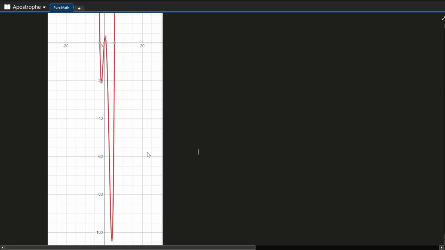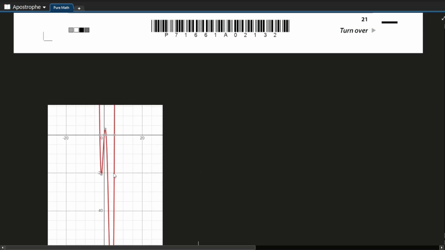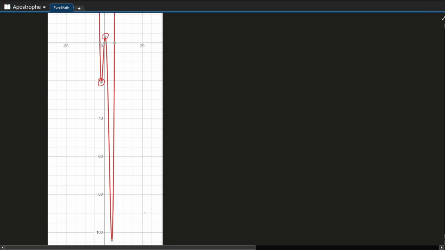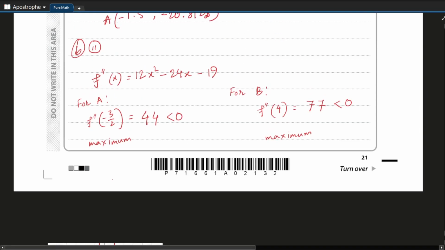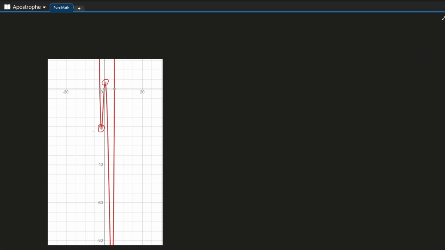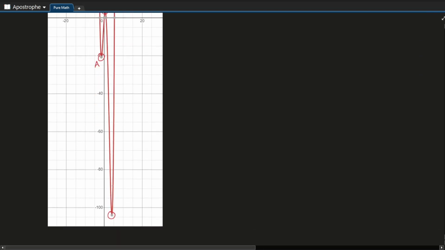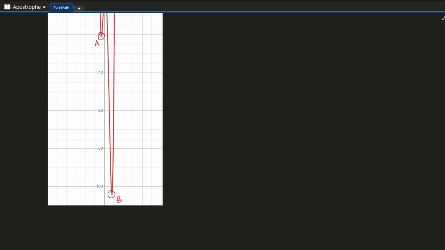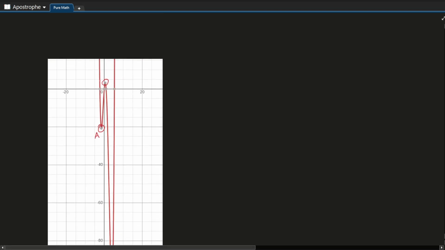If we draw the graph it would look something like this. As we can see here, this is a minimum, that is a maximum, and this is a minimum as well. So this was a, and this was b, and this was x is equal to 0.5. This was a maximum, a and b were minimum.